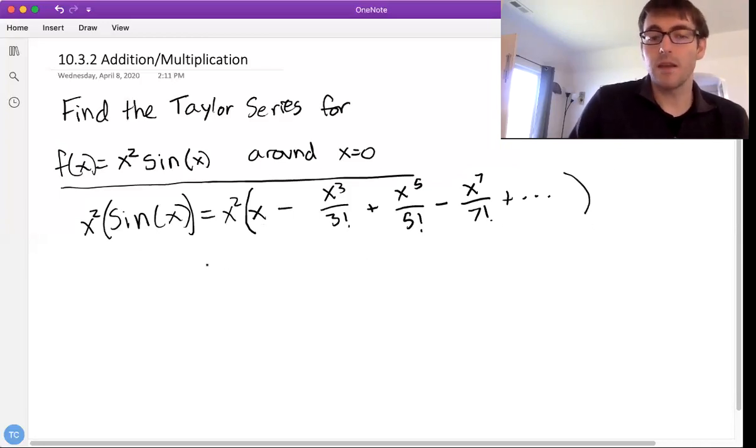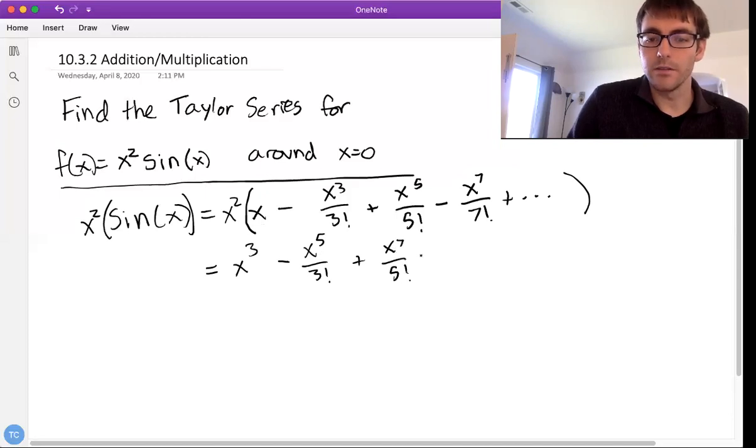So x squared sine of x can also be written as x cubed minus x to the 5th over 3 factorial plus x to the 7th over 5 factorial, etc. And that's really all there is to it.